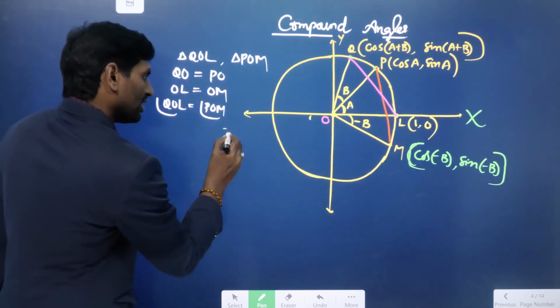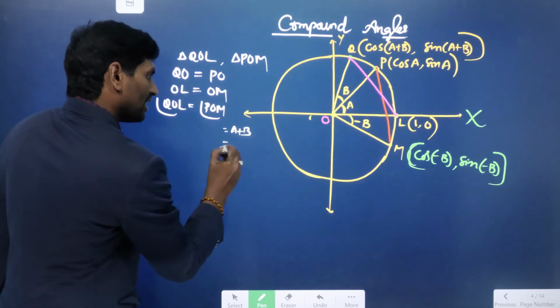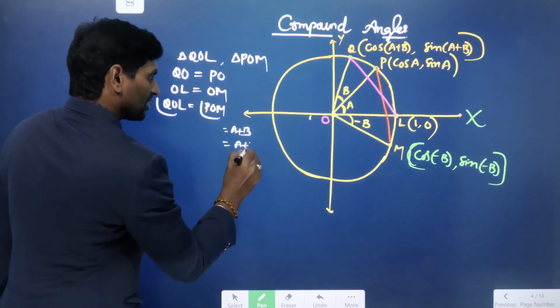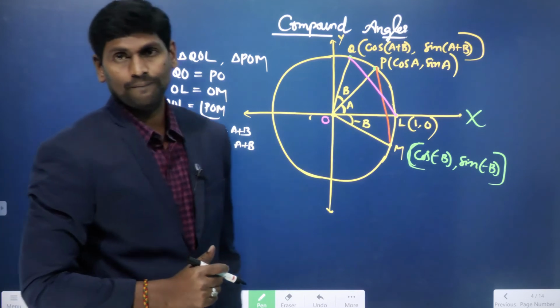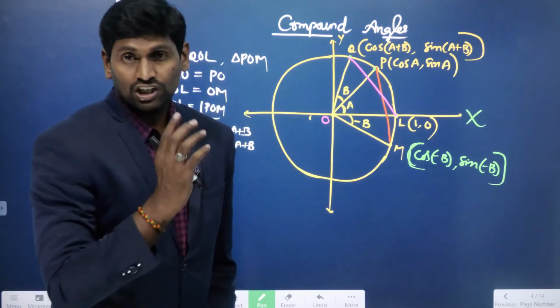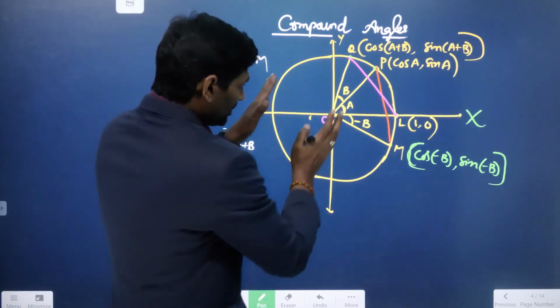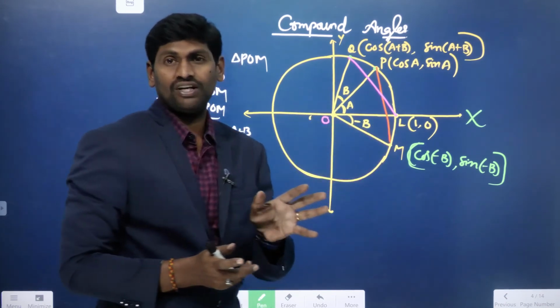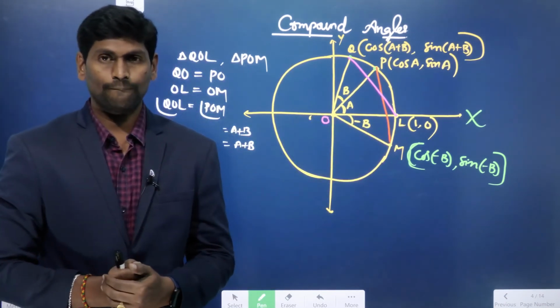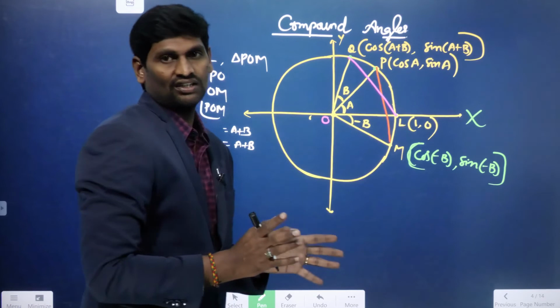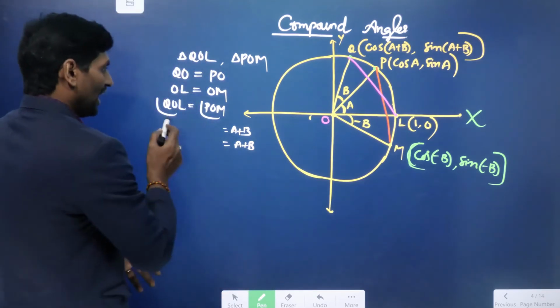So this is also A plus B, and this one is also A plus B. According to that, the angles are equal, because the positions of the angles can be different but the measurement is the same. So we can say that the angles are equal.